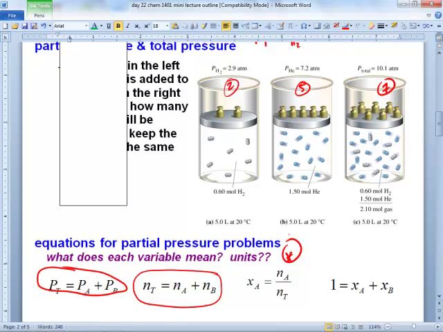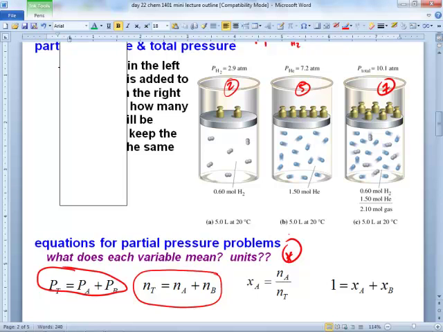So you recognize NA. NA is going to be the number of moles of gas A, right? NT is total moles. So if I divide the moles of gas A by the total moles, I get some fraction.